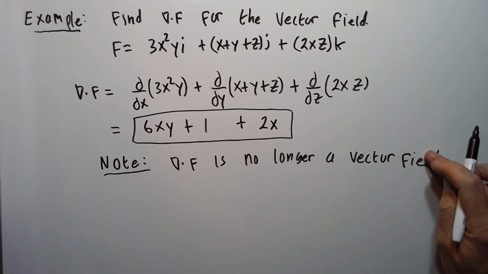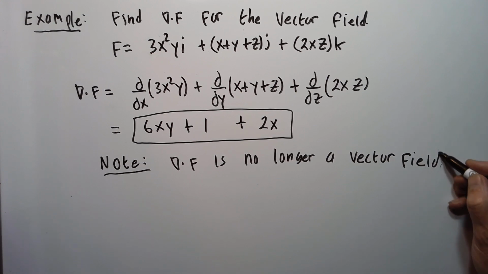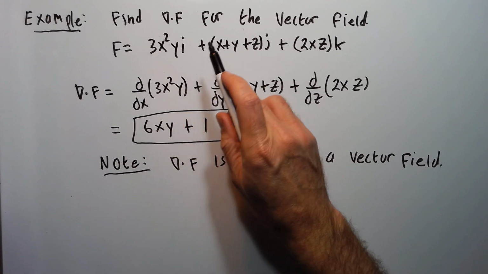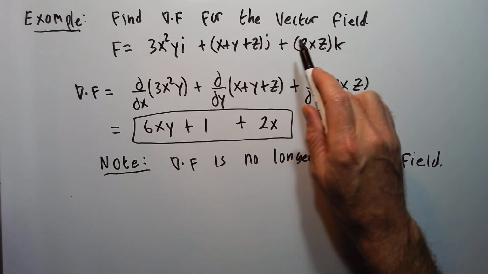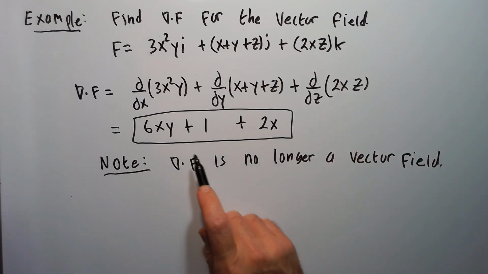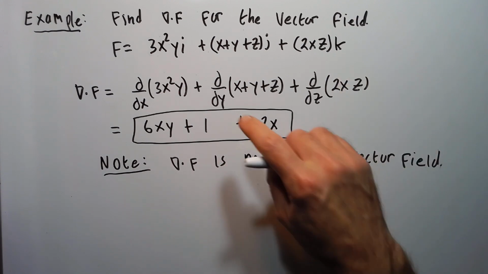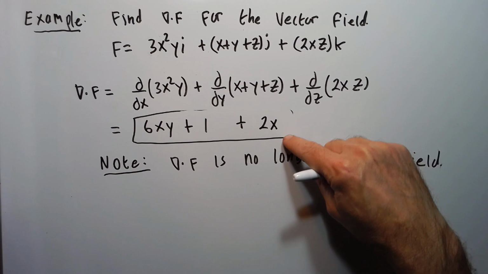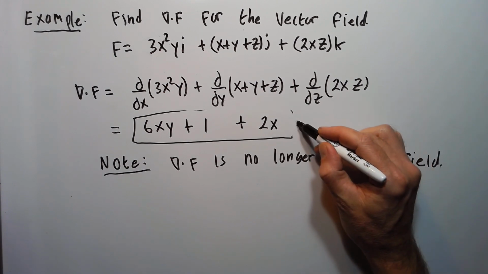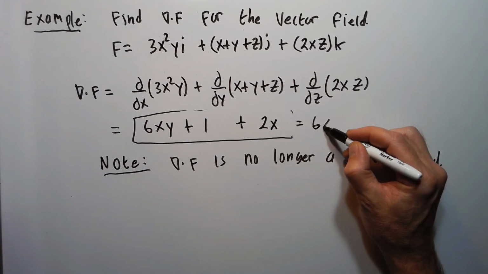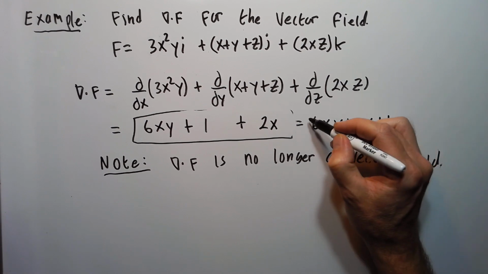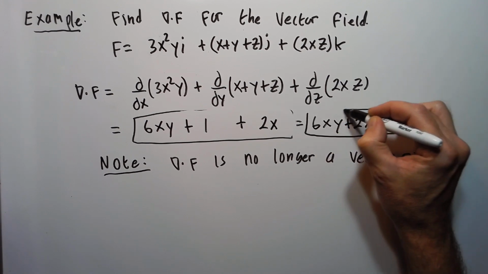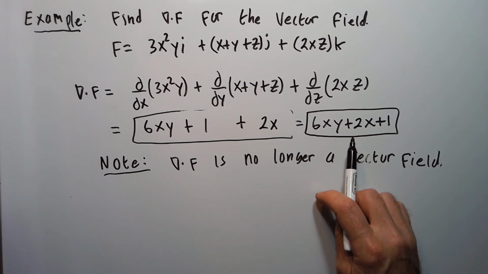And what I mean by that is, a vector field has to have a function in the i, a function in the j, and a function in the k. This doesn't have any i's, j's, or k's. I guess I could write this as 6xy plus 2x plus 1. But it doesn't have any i's, j's, or k's. It's just a real valued function now.